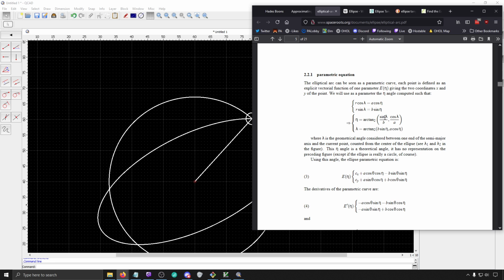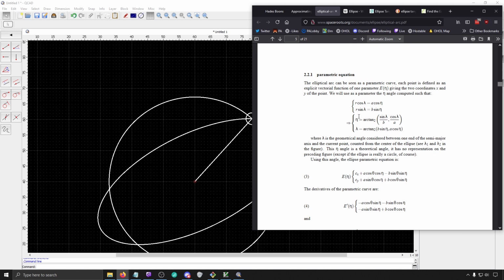But they're defined in terms of each other. So I guess you would get this thing from that angle, and then you could back that out into an R.